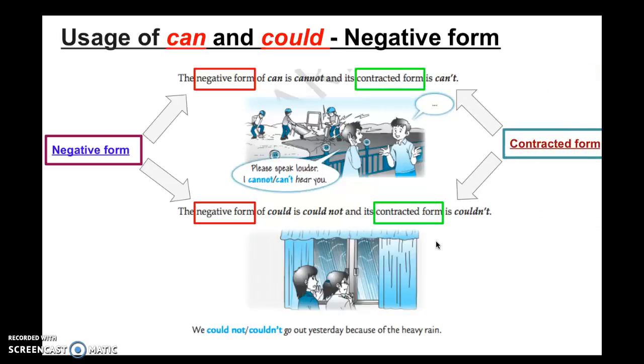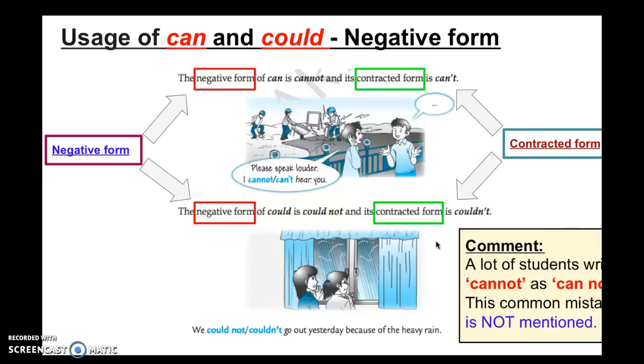And also the contracted forms, can't and couldn't. But we found that there is an issue for Hong Kong students, who usually mix up the forms can not and cannot, but here we couldn't find any explanation on this.